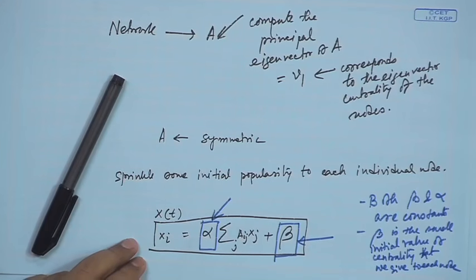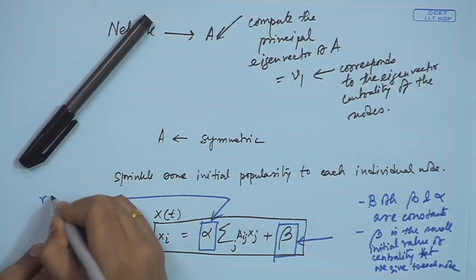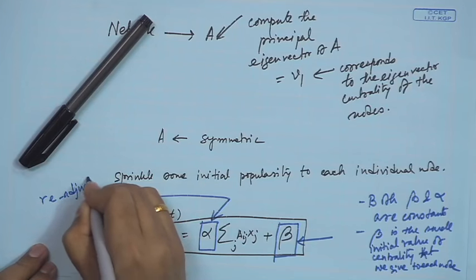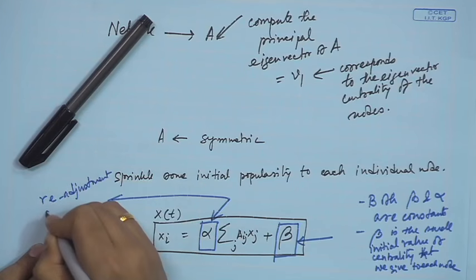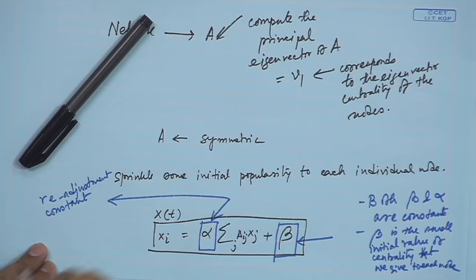So, beta is the initial small centrality that we actually give to each node equivalently, and alpha actually is the readjustment constant so that the entire formula remains balanced.